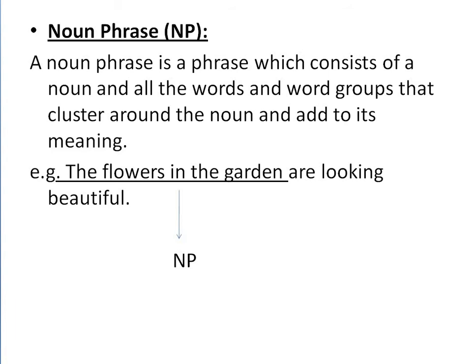Here the main noun is "flowers," and "in the garden" is the word group around the noun that adds to its meaning. So this type of phrase is a noun phrase.